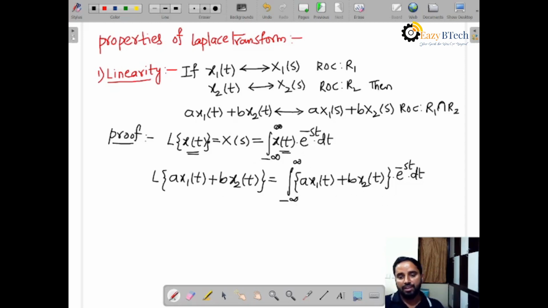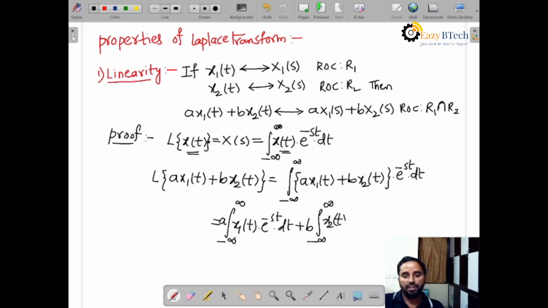Just you separate here. We have plus and we can write separately. So integral minus infinite plus infinite, A is a constant or a scalar, you can write outside, and x1 of t into e to the power minus st dt. This is the first one. Plus B is a constant, we can write outside, integral minus infinite plus infinite, x2 of t e to the power minus st dt. Right?